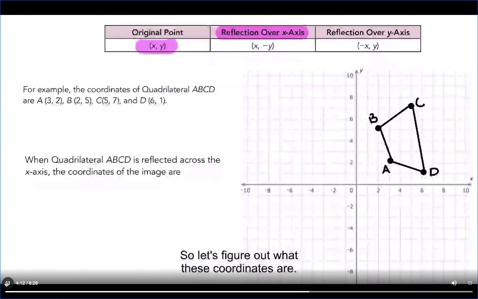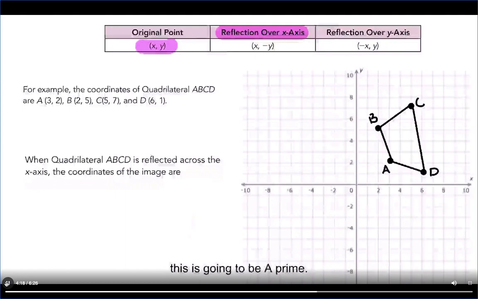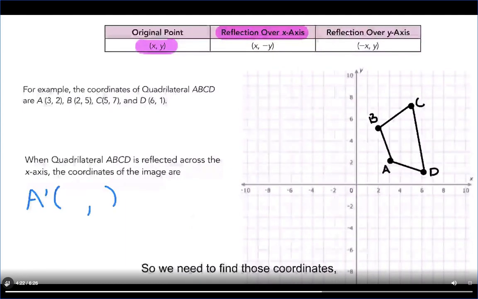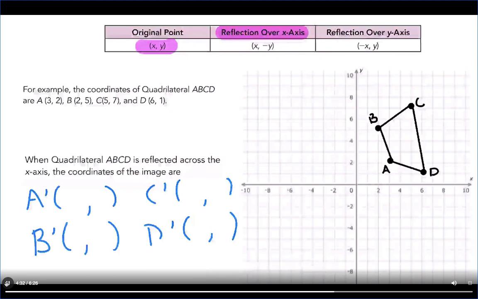Let's figure out what these coordinates are. This is going to be a new image, so this is going to be A prime, B prime, C prime, and D prime. We need to find these coordinates.